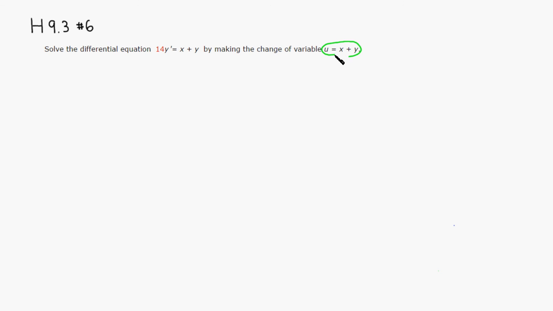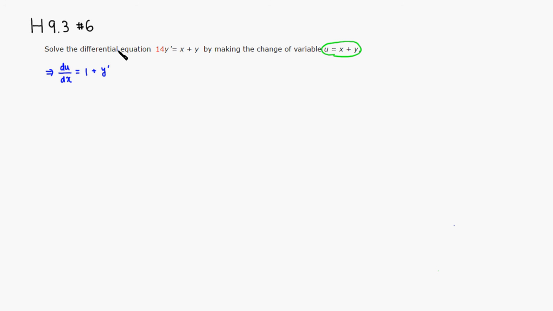Then I'm going to take the derivative with respect to x. So we'll have du over dx is equal to, derivative of x is just 1, and derivative of y, I'm going to write y prime.